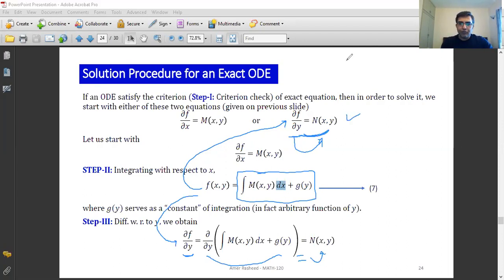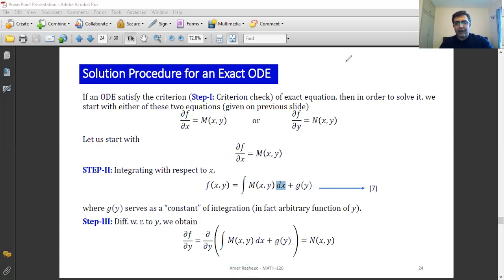I hope you got it. We can take the derivative of this term, and then the derivative of that term, and put the whole thing equal to n of xy, which is usually given in the differential equation.